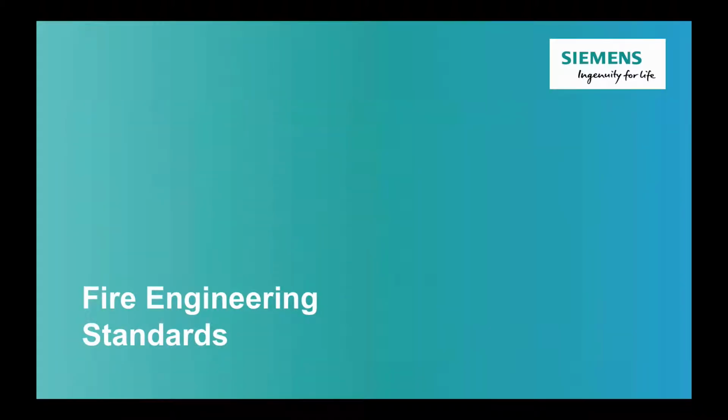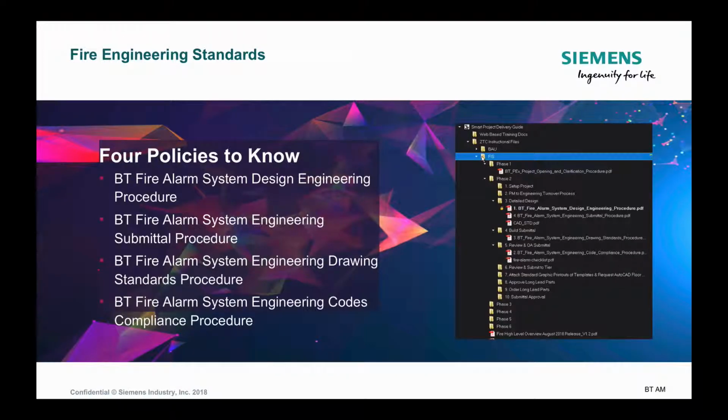The detailed fire alarm system design procedures have been established for a number of years. These required design practices have not changed. It is your responsibility as a designer of fire systems to review these requirements and incorporate them into your system designs. There are 4 policies you are responsible to know.